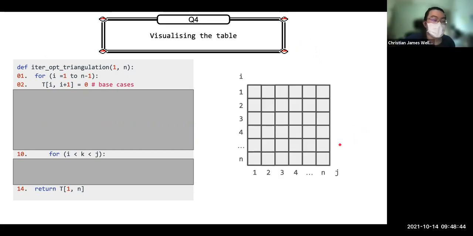So here's the thing. If I have no idea how to do bottom-up dynamic programming, I try to visualize the table. How do I want the table to be? We'll try to do an intuition later. But just visualizing the table, Ti to Ti plus 1 is basically this diagonal of the table. Take 5 seconds to verify that this is indeed the diagonal of the table.